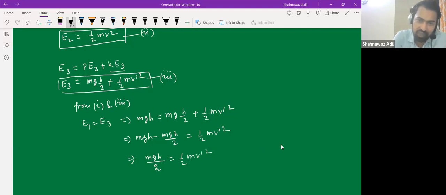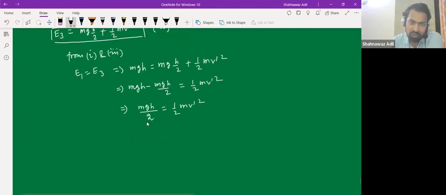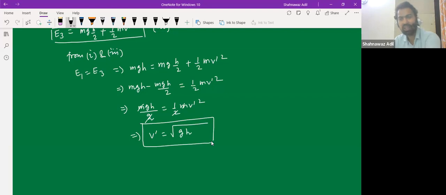Then the 2 will cancel, m will cancel, and we will get v prime equal to root of gh. So this would be the velocity at half distance.